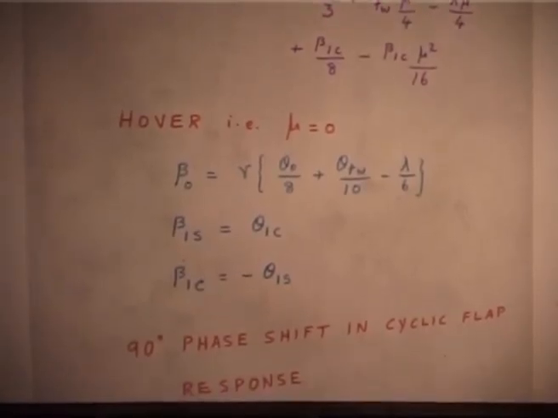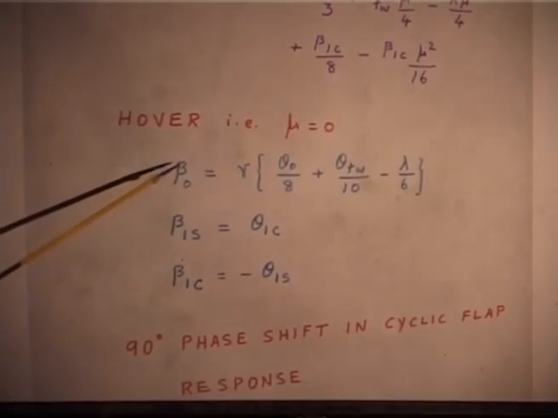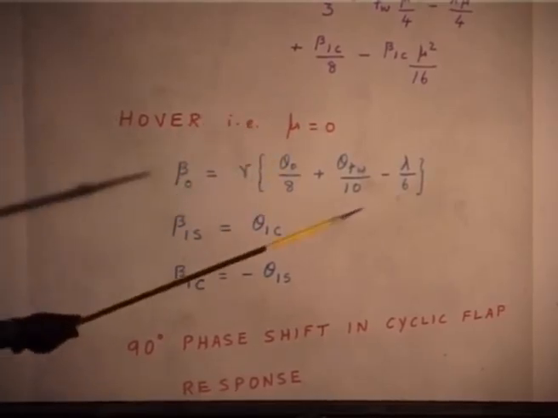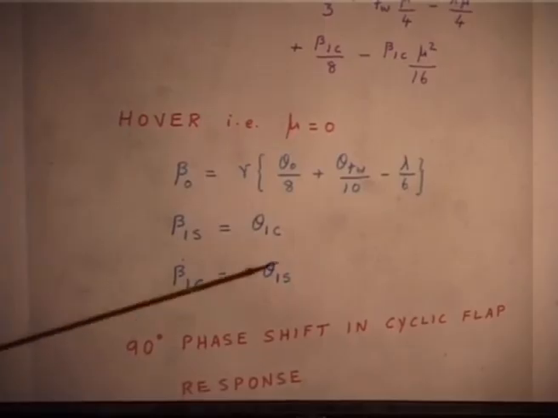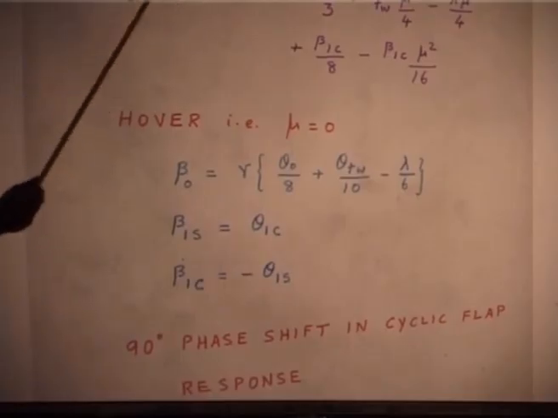So, you know that flap coning beta naught is related to what is the rotor loading. If the rotor is loaded more, your coning will be more. If it is less, it will be less, that is all. Okay.